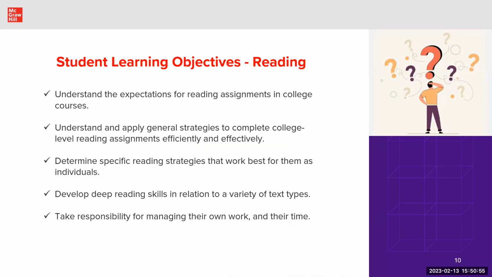Okay, so some of the things that we want our students to be able to do in general terms, if we home in for a moment on reading, these are some of the basic learning objectives that we want to give our students. We want them to be able to do these things. We want them to, first of all, and very fundamentally, understand the expectations for reading assignments in college courses.